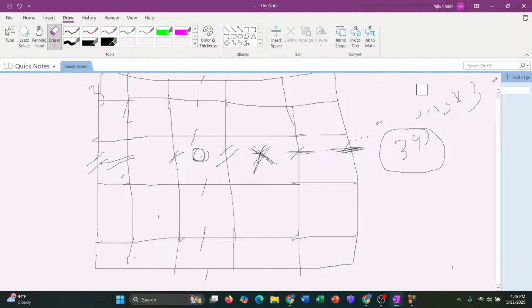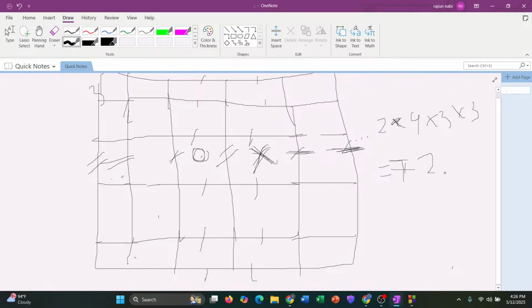So it is 2 into 4 for left and right, and for up and down it will be 1, 2, 3 and 1, 2, 3, into 3 into 3, which is equal to 2 into 4 into 3 into 3, that is 72.